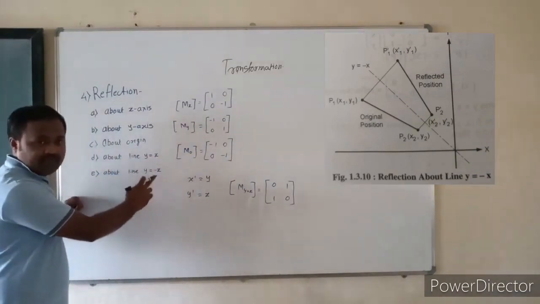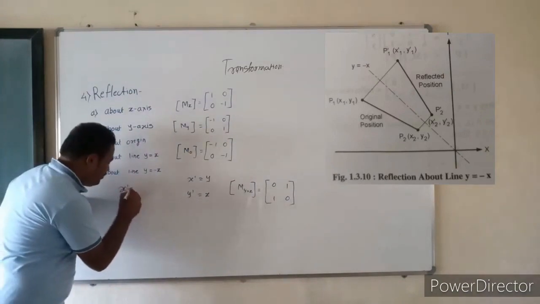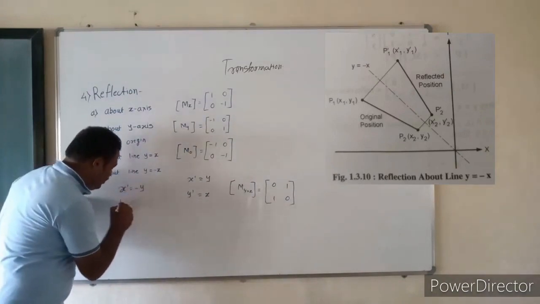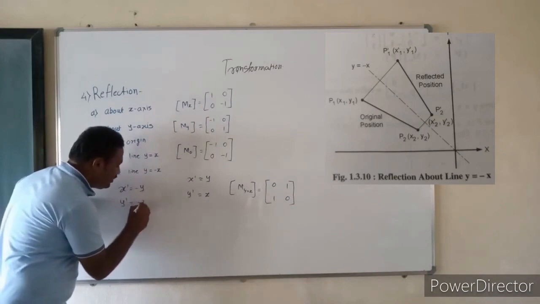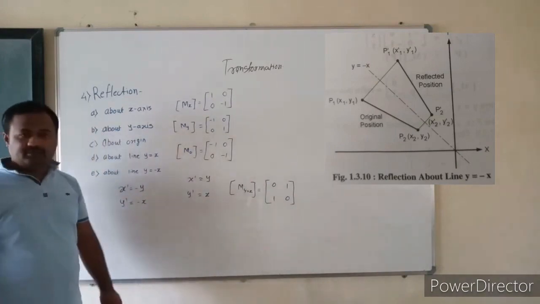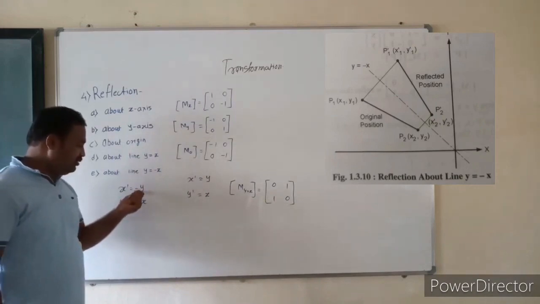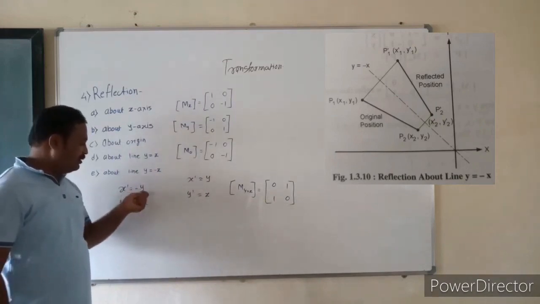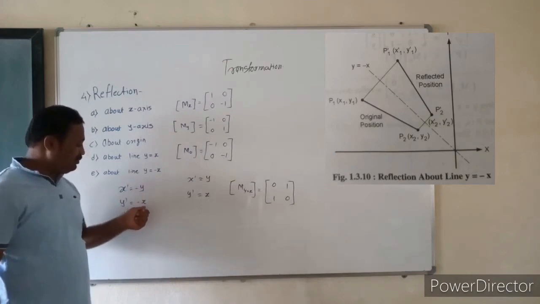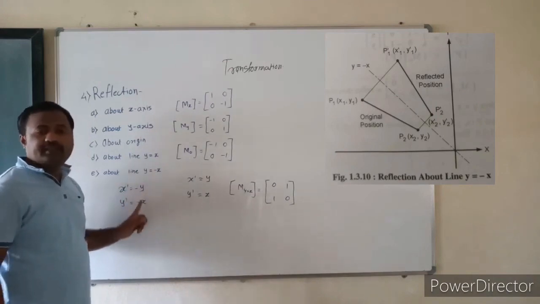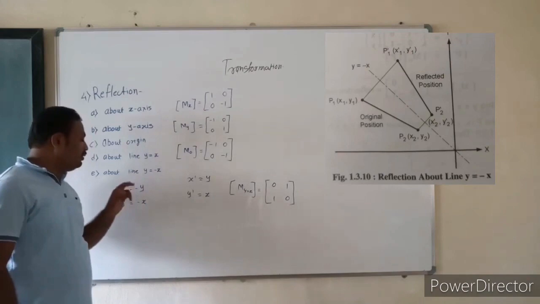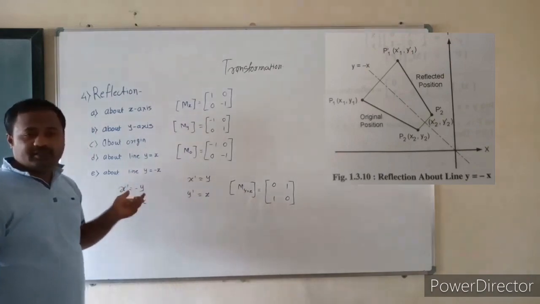For y is equal to minus x, x dash becomes minus y and y dash becomes minus x. Okay? Negative sign is applied with the interchange of x and y.